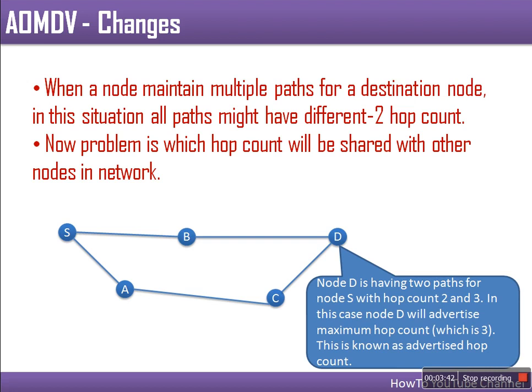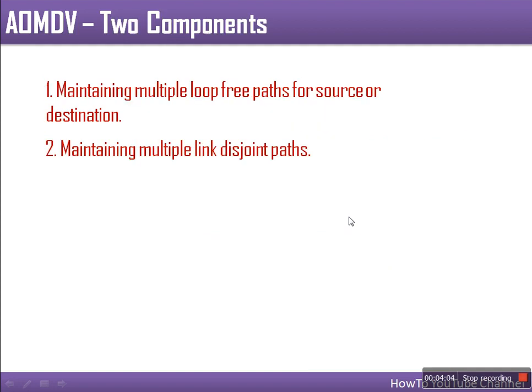In such cases, one change has to be introduced: whenever D wants to tell its neighbors about the distance between S and D, it will opt for the maximum hop count path. So it will share hop count 3, not 2.